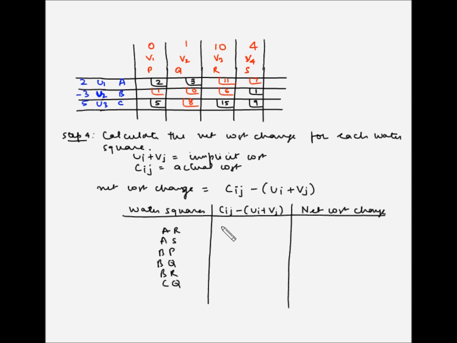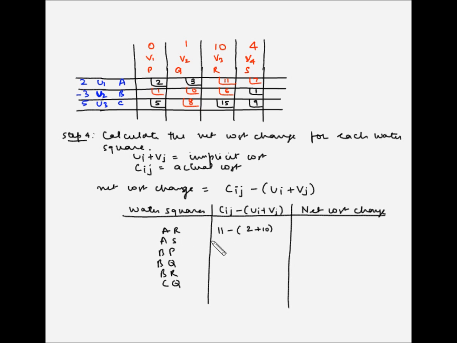Let's find out the values for Cij minus Ui plus Vj. So for AR, Cij is 11 minus Ui is 2 and Vj is 10, so 2 plus 10.